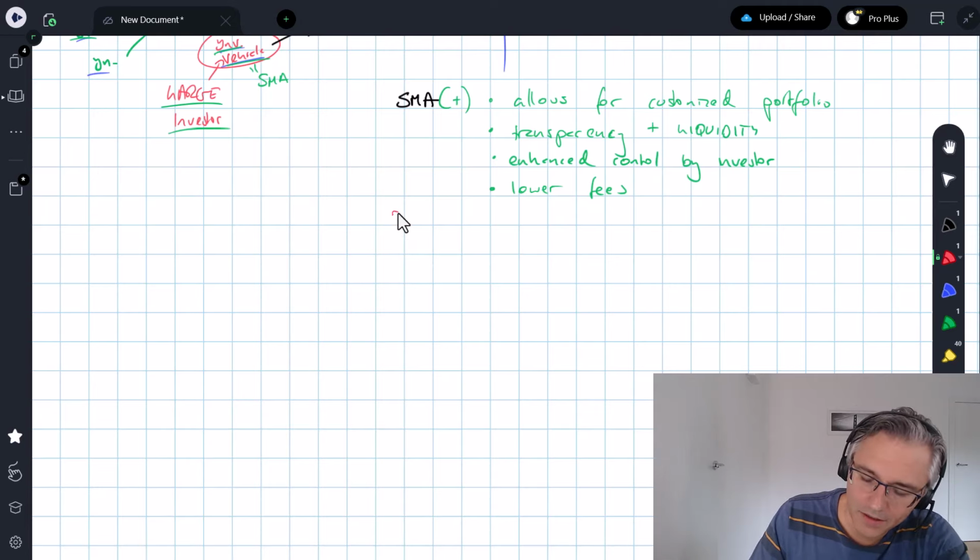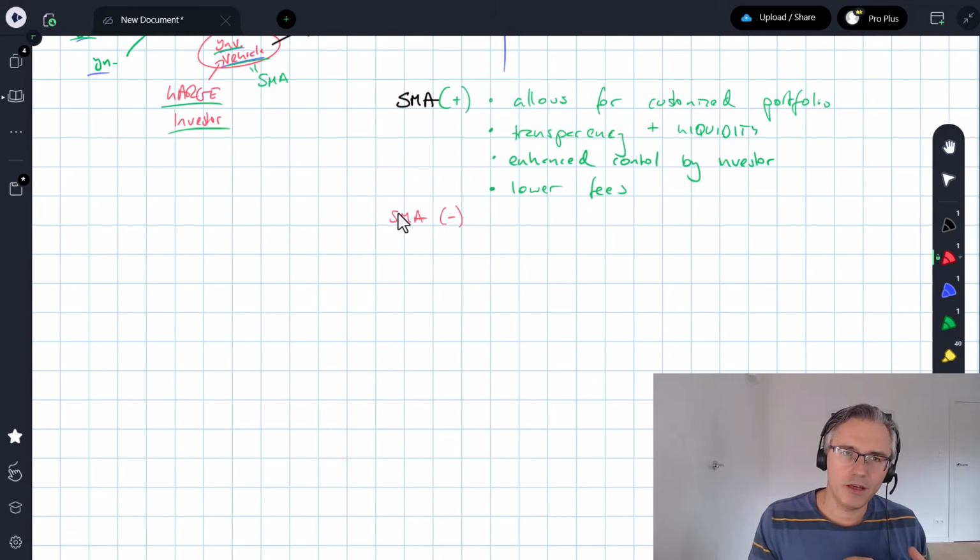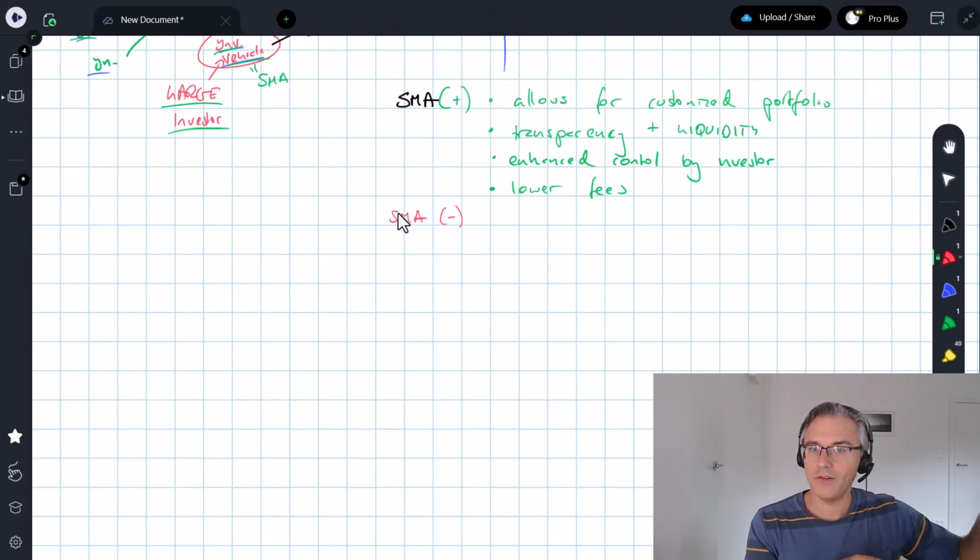Having said this, the SMA, remember, is not your own private hedge fund, and you don't have your own private hedge fund manager. That hedge fund manager is still running the other hedge fund as well.